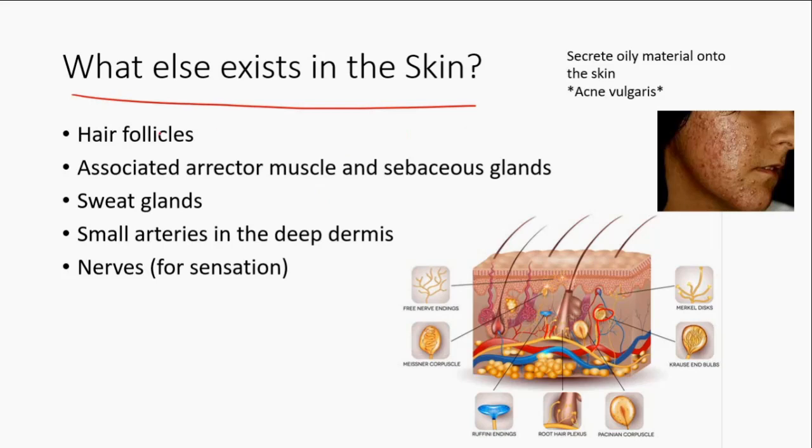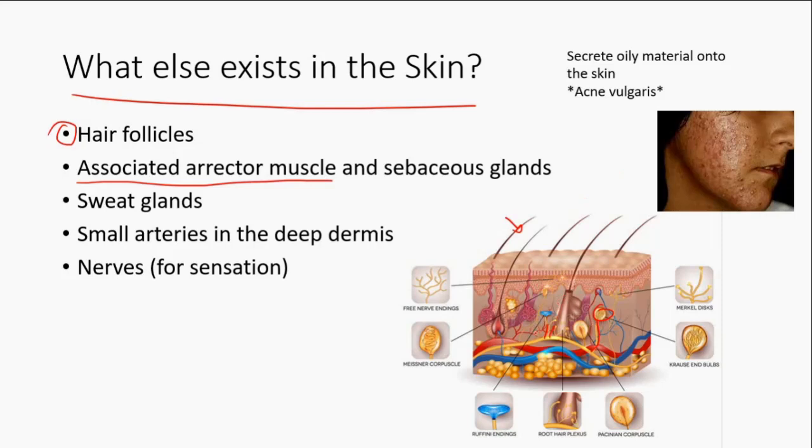Those are like your hair follicles, as you can see here, and your hair follicles are associated with a muscle called the erector muscle. Let me try and find the erector muscle here.